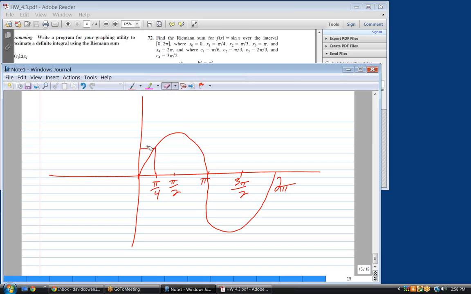So actually, let me redraw this. The first rectangle is that one with a height of 0. The second rectangle is that one. What's the height of that second rectangle?